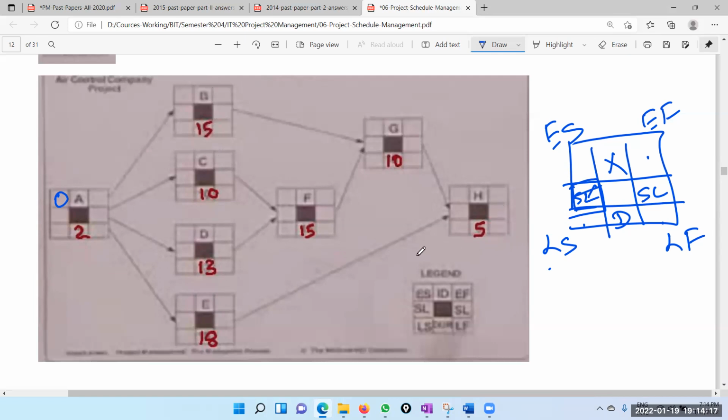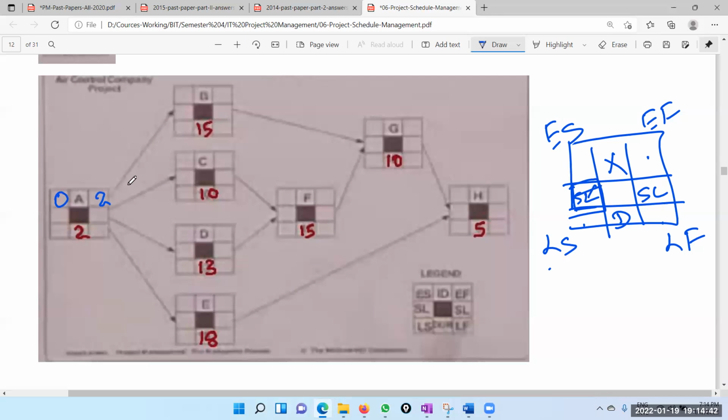In the backward pass, we are going to fill the late finish and late start. That is the idea. Now, it's very easy. If the earliest start is 0 for task A, now the task is here. Last time the task was here; those were just dummy points. So task A takes 2 days. Therefore, the earliest you can finish is the end of the second day.